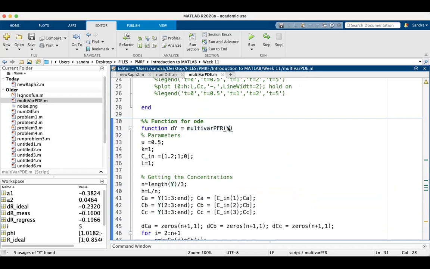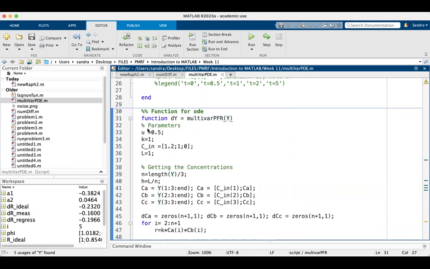So this is y, it will take all the 3n variables. These are the constants given in the question: u is equal to 0.5, k is equal to 1, and the initial concentrations are 1.2, 1 and 0. This is CA, this is CB, this is CC at 0.